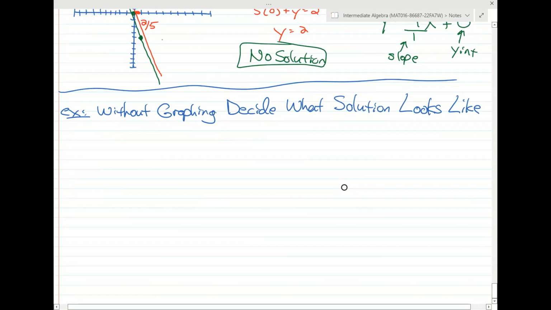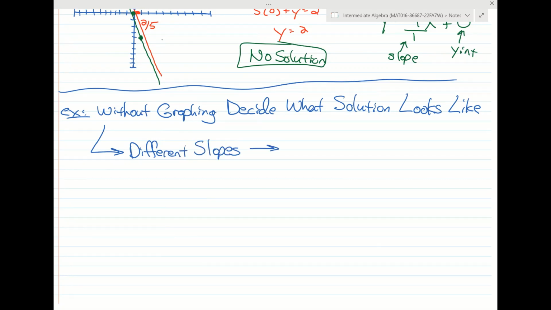So what I mean by this is if there are different slopes, this just means that there's one solution and there's one point.